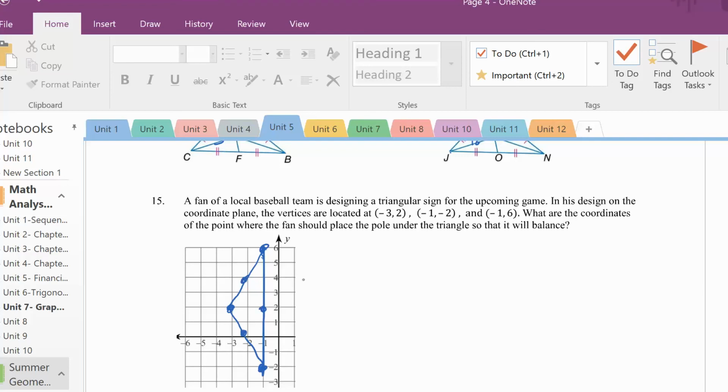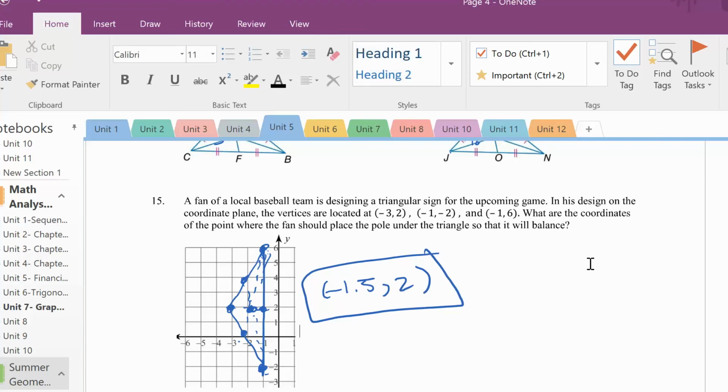So notice if you draw a line from the vertex to the midpoints, the centroid would be somewhere right around there, which would be, as an estimate, (-1.5, 2). So that would be the coordinates where the centroid is, and that would be the balancing part of the triangle.